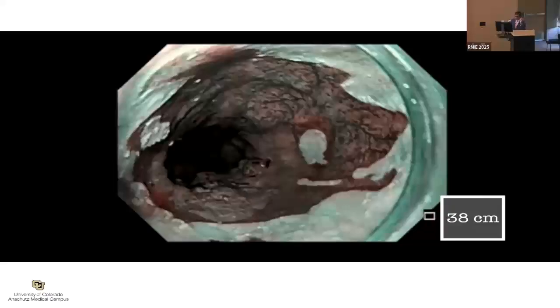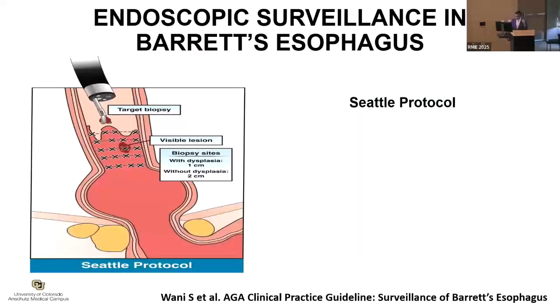So in this patient, I'm guessing you guys are not seeing my arrow, but if you just look at the top of that visible lesion on high-definition white light endoscopy, you would be tempted to only perform resection probably from the 4 o'clock position to the 8 or 9 o'clock, but you can actually appreciate that the vascular pattern and the mucosal pattern changes starting from the 2 o'clock position, and it goes all the way to the 10 o'clock position. So this is how you can actually use virtual chromoendoscopy to guide your resection.